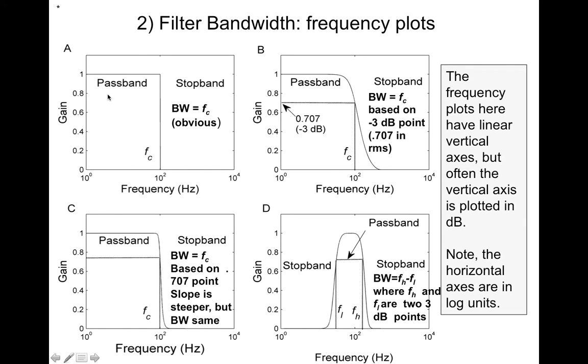So for example, plot A, this is a low pass filter. This is an ideal filter because you notice that it passes perfectly with an output over input equal to 1 until you get to 100 hertz. And then at 100 hertz, there's a vertical drop.